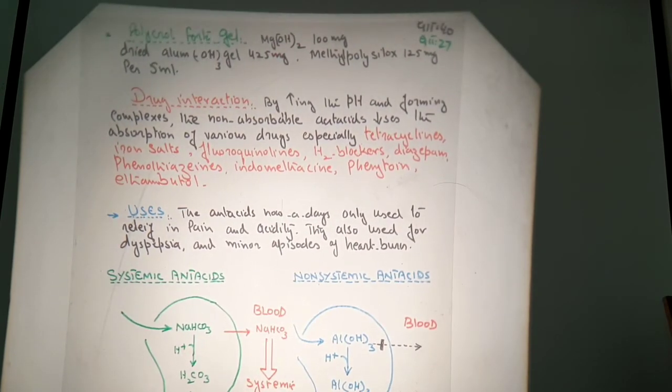Now, drug interaction. By increasing the pH and forming complexes, the non-absorbable, that is non-systemic, antacid decreases the absorption of various drugs, especially tetracycline, iron salts, fluoroquinolones, H2 blockers, that is H2 receptor blockers, diazepam, phenothiazine, indomethacin, phenytoin and ethambutol.